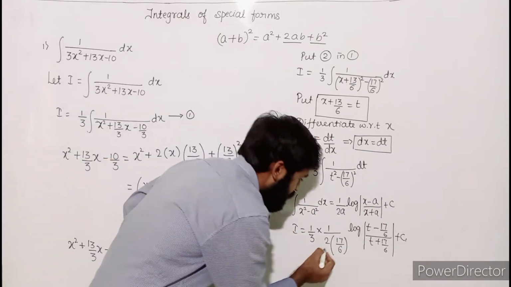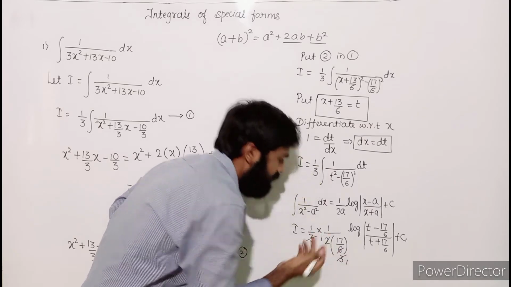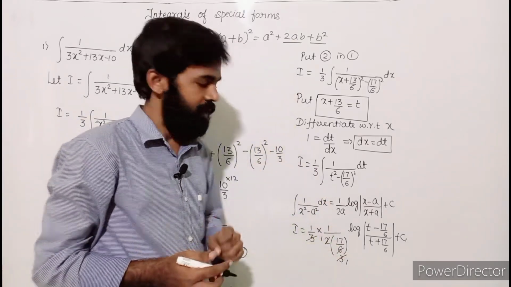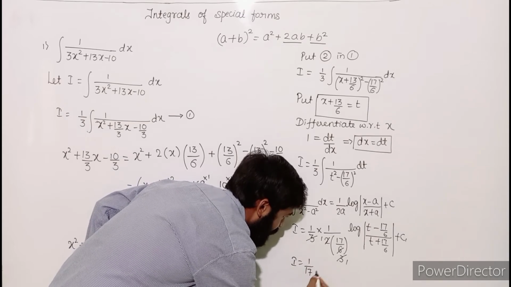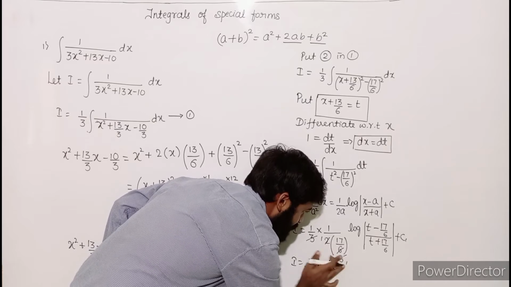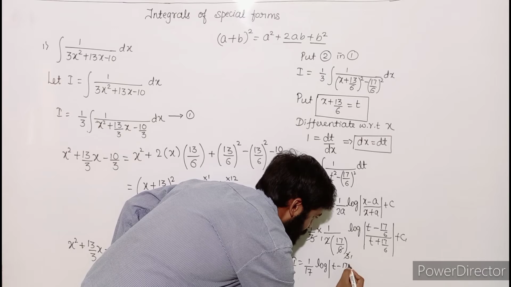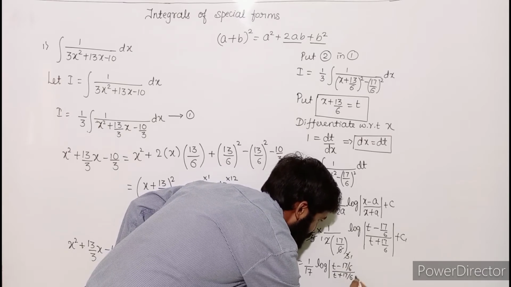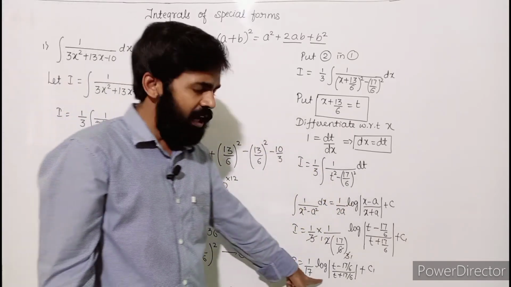Now here 3s cancel, and what do you get? You get 1 by 17. So I equals 1 by 17 log of mod of t minus 17 by 6 divided by t plus 17 by 6 plus constant of integration c1. Till now we have got this.